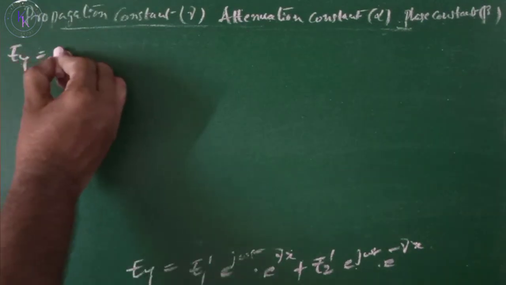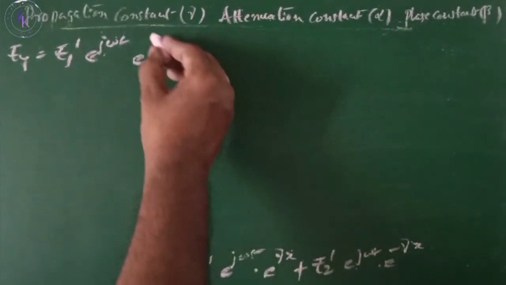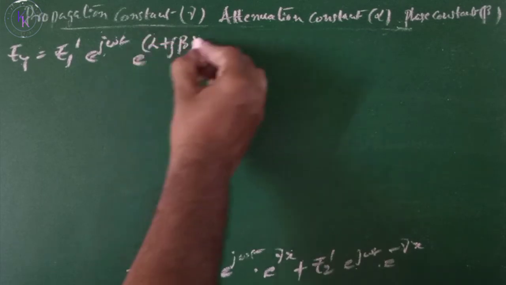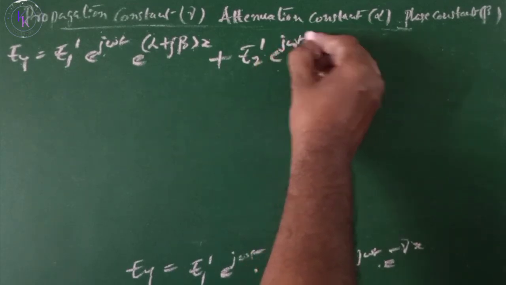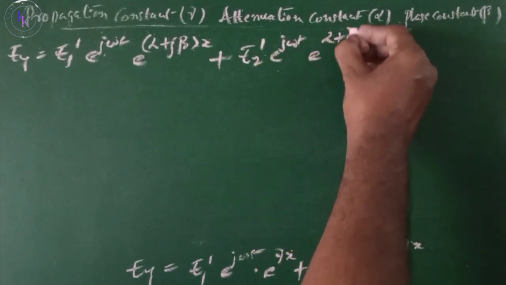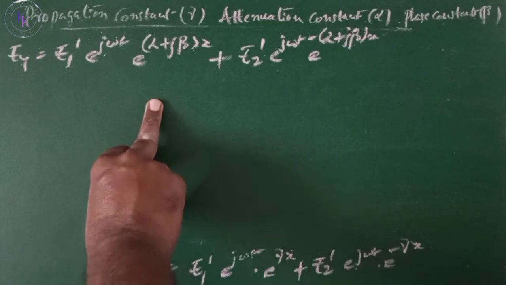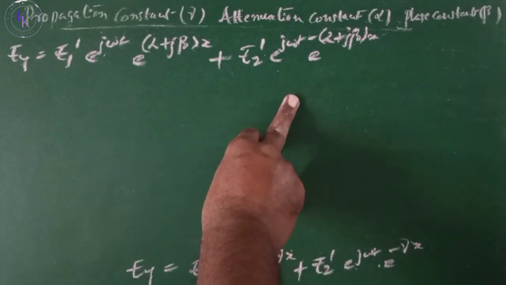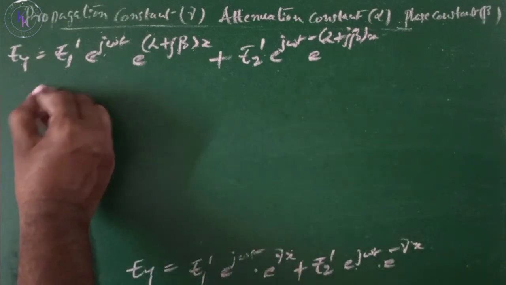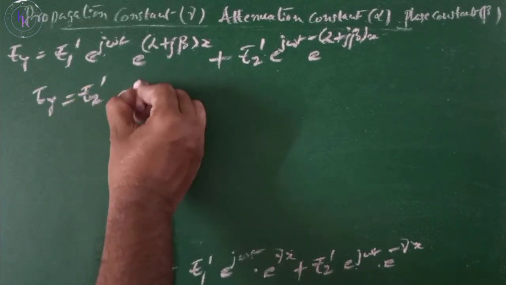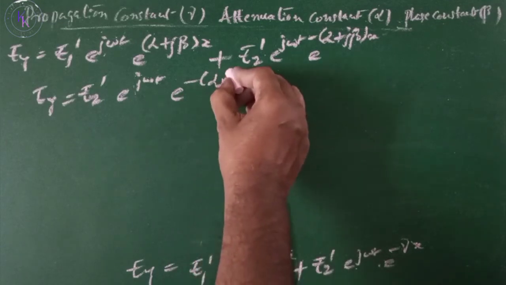Then Ey equals E1 dash e to the power of j omega t, and e to the power of gamma, which is alpha plus j beta, of x, plus E2 dash e to the power of j omega t and e to the power of minus alpha plus j beta x, in which the first term represents a wave traveling in the negative direction and the second term represents a wave traveling in the positive x direction, and hence we shall consider the second term, that is Ey equals E2 dash e to the power of j omega t e to the power of minus alpha plus j beta x.